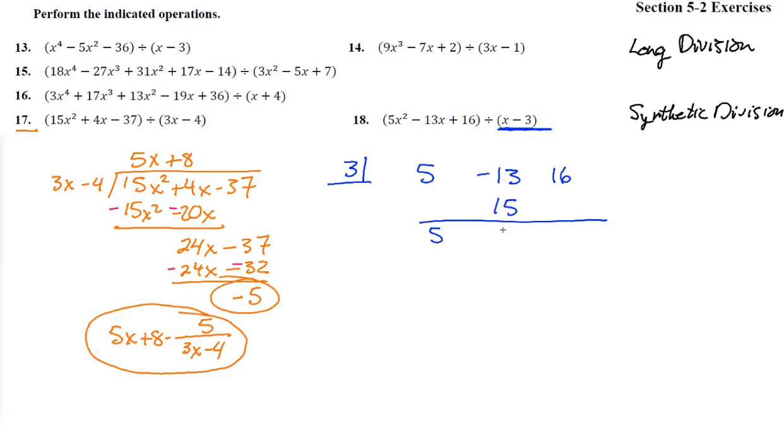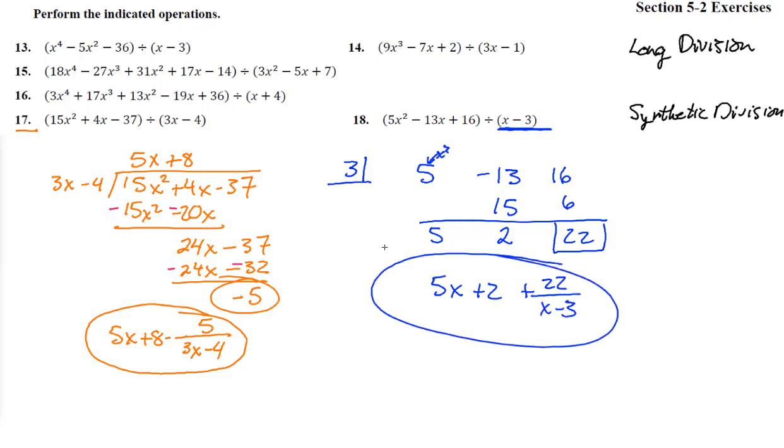Negative 13 and 15, that's a positive 2. 3 times 2 is 6. And we're left with a remainder of 22. So this used to be an x squared, and so this guy's an x. 5x plus 2 plus 22 over x minus 3. And there's our answer. Good.